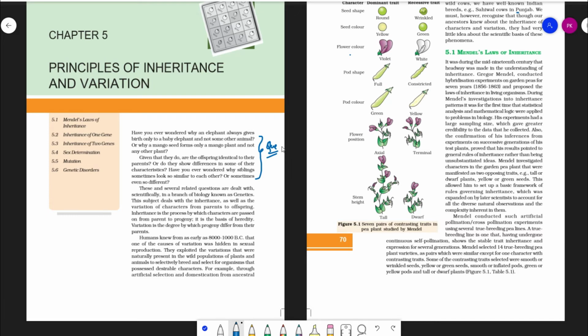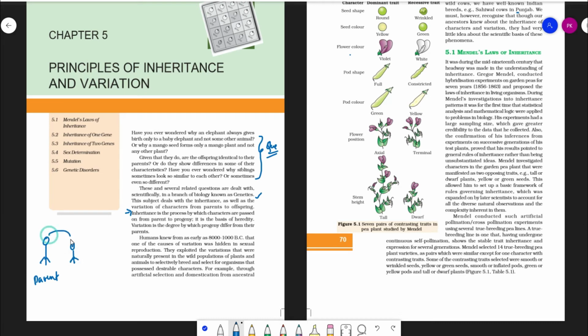Now next, they have defined the term genetics. Genetics is a subject that deals with inheritance as well as the variation of the characters from the parents to the offspring. Now, what is inheritance? I have told you that your parents and you have a lot of similarities and a lot of differences.